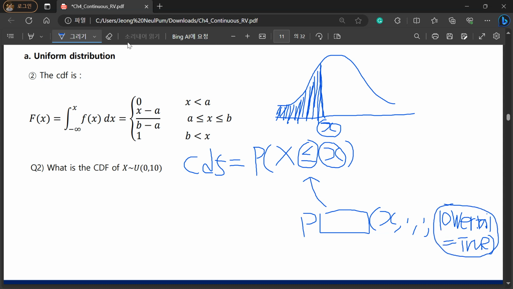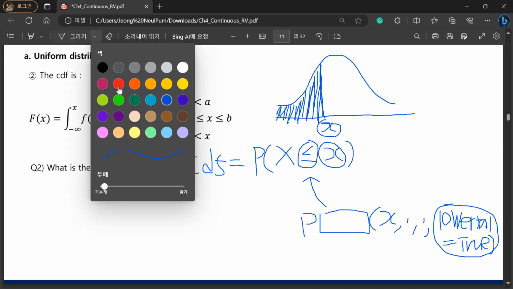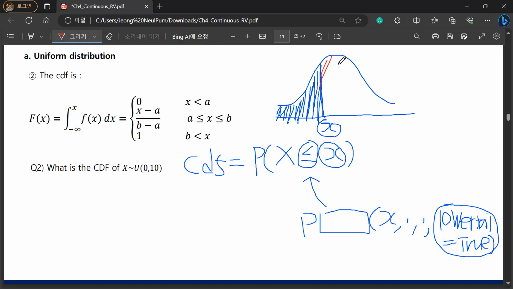When you want to get the other direction, like this area, you have to set the lower tail option as false, not true. And it is the same as the value 1 minus the CDF value.